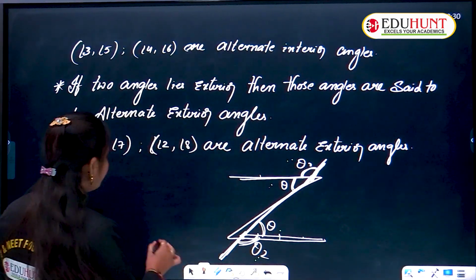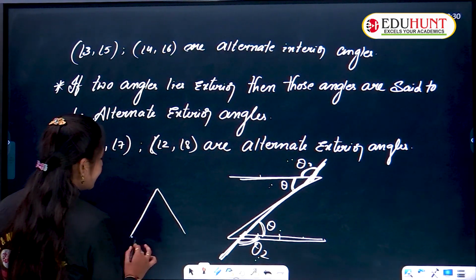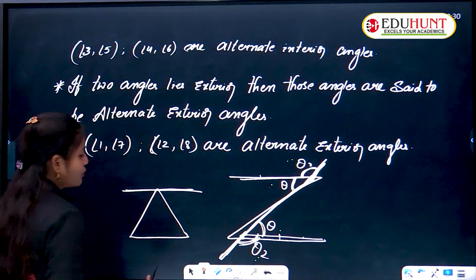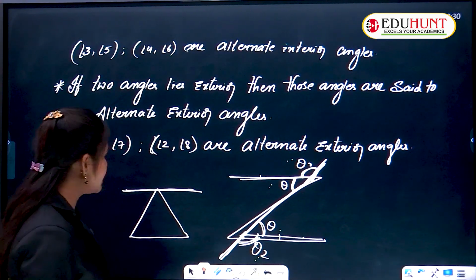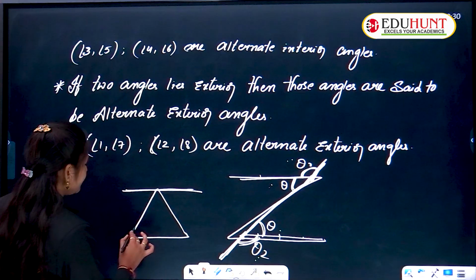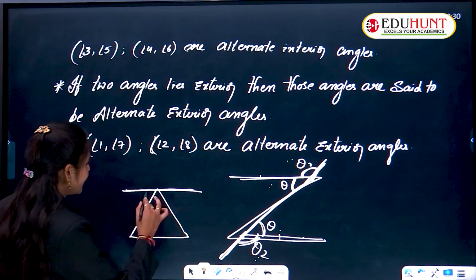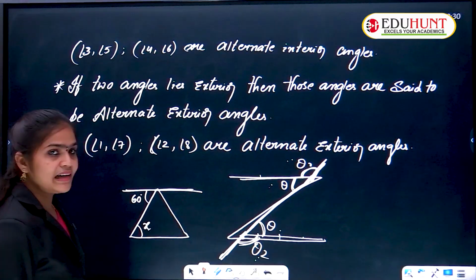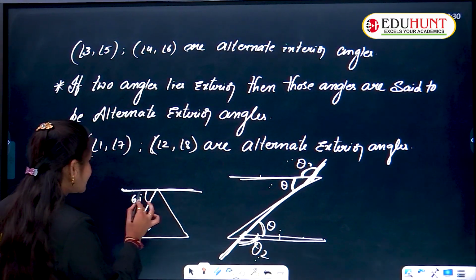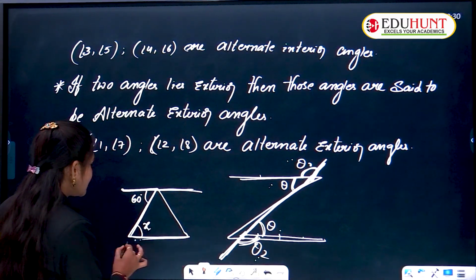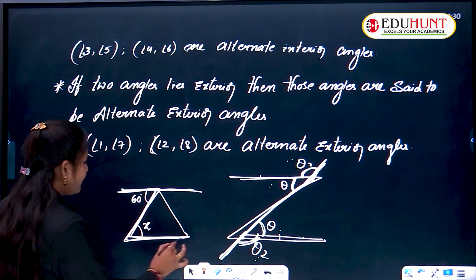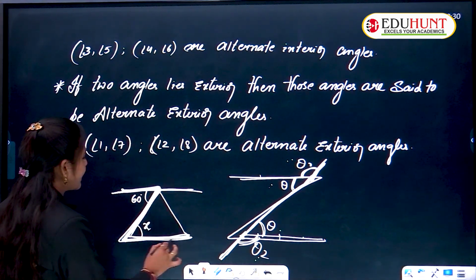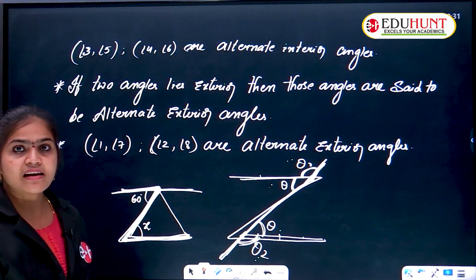For example, like this, one of the figures they give to you. Just see here, ma. Here the angle is X and here the angle is 60 they have given. Then what is the angle X? Here we can observe the Z shape. This is the shape of Z only, no? Then we can say that X and 60 are alternate angles.